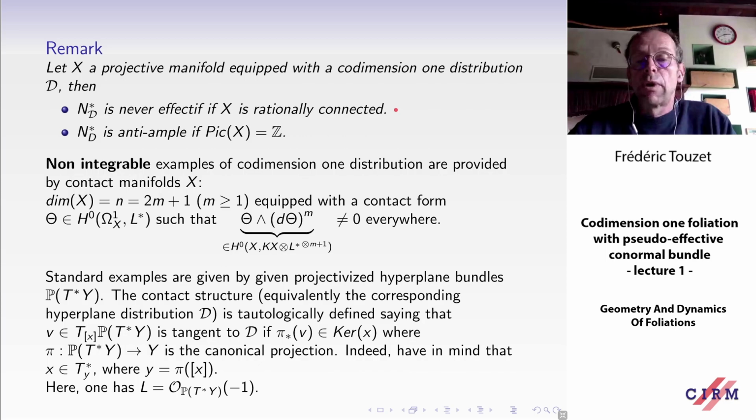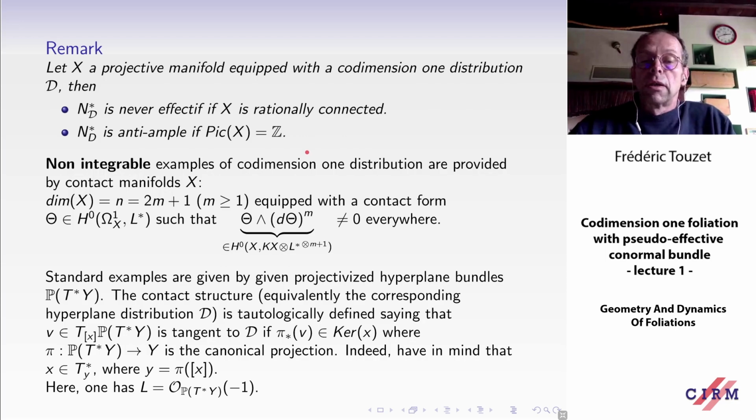Same thing when the Picard group of X is reduced to Z. This forces the conormal bundle to be negative, in particular anti-ample, because if the conormal bundle is positive, this also means that the distribution is given by a one form, which contradicts the fact that the Picard group is discrete.